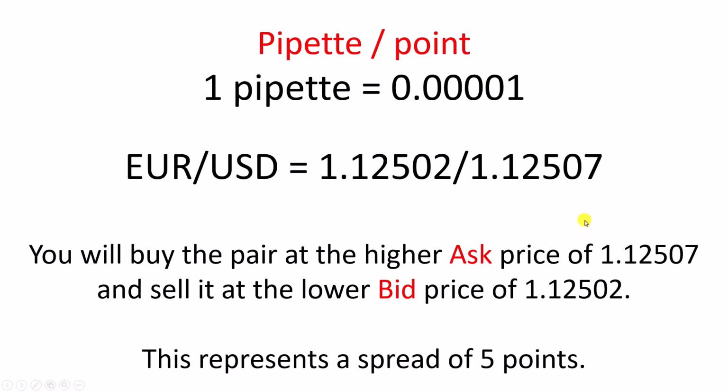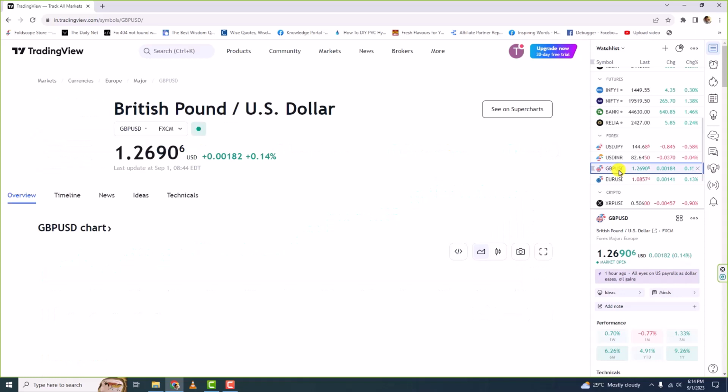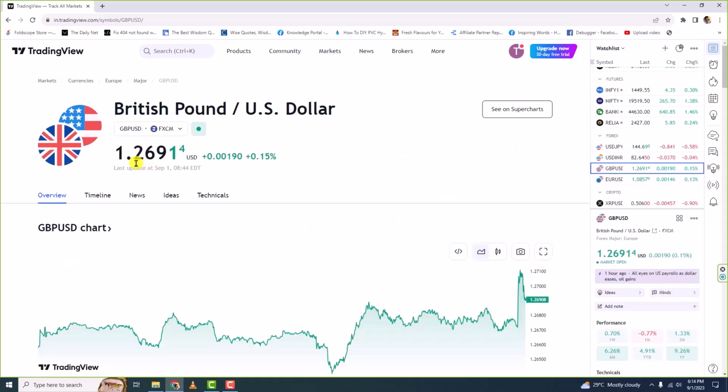All right. So let me go to the TradingView platform and show you how it looks. I'm in the TradingView dashboard, and here you can see Forex pairs, and some values in front of the pairs. Let me click on one. So here you can see the quote value 1.2690.